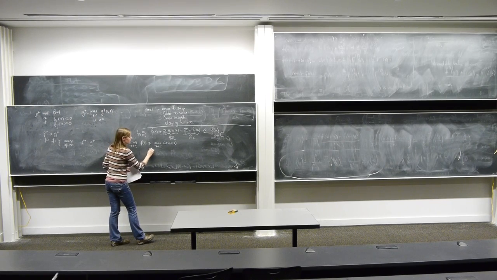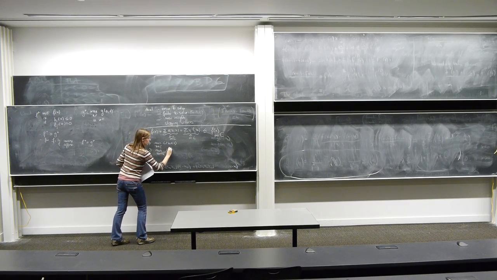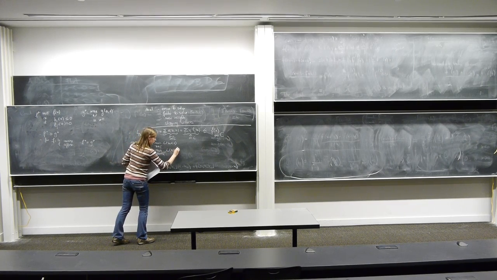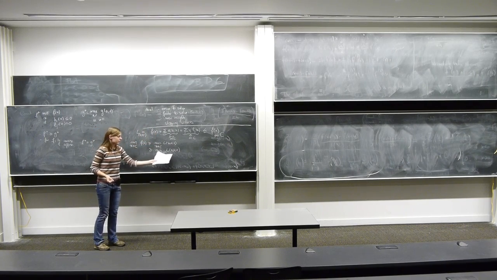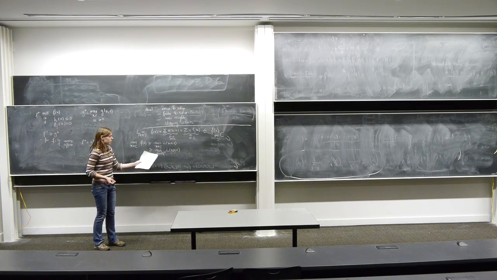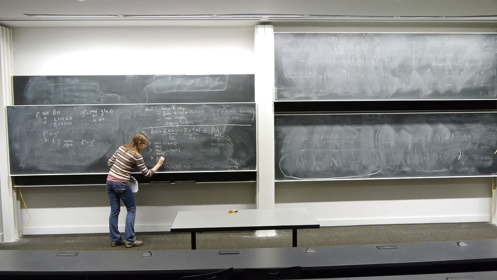So we argue that this is greater than or equal to the min over x in general. And we just gave this a name. This is now a function of only u and v because we've eliminated x. We've chosen a particular x. So we just call this the dual function.